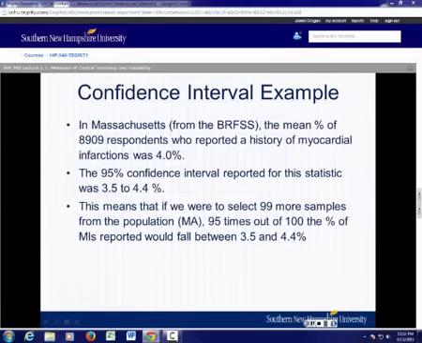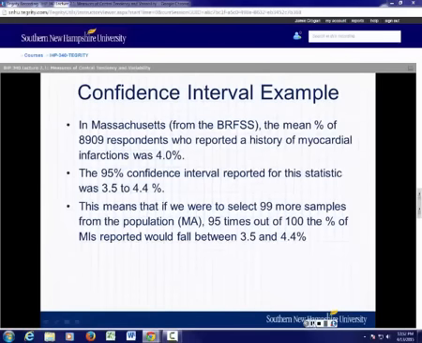So this means that if we were to select 99 more samples from the population, which is the adults in the state of Massachusetts, we would find that 95 times out of 100 samples, the percent of myocardial infarctions would indeed come out between 3.5 and 4.4%.